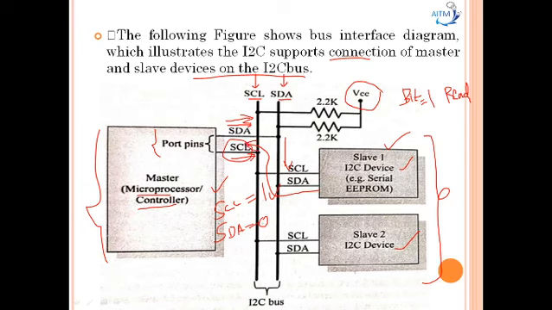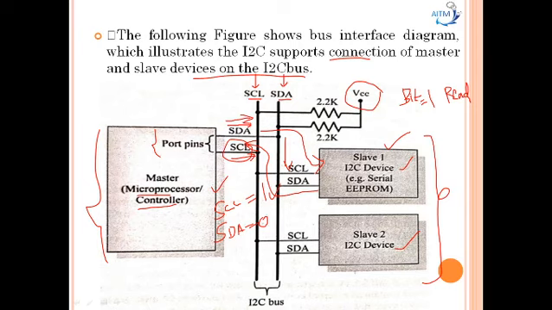Now upon receiving the acknowledgement bit from the slave, the master device sends the 8-bit data over the SDA line.